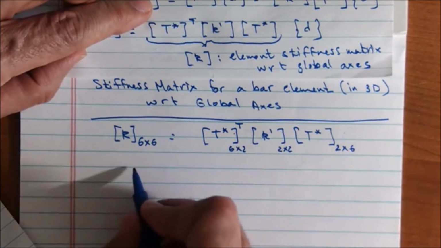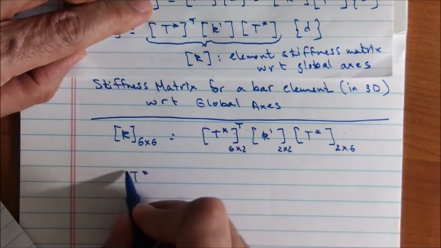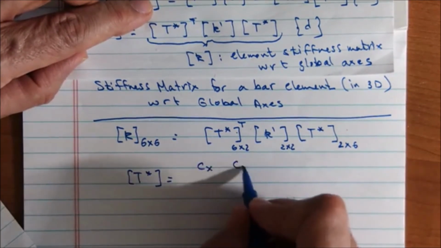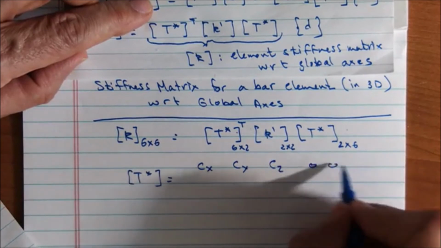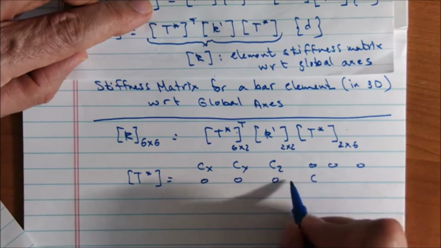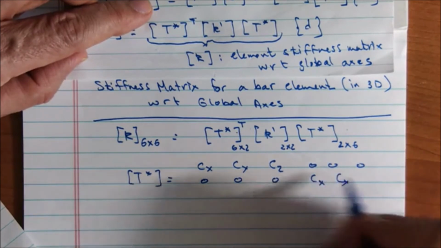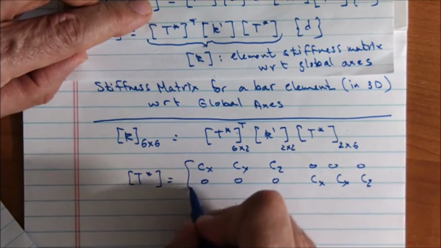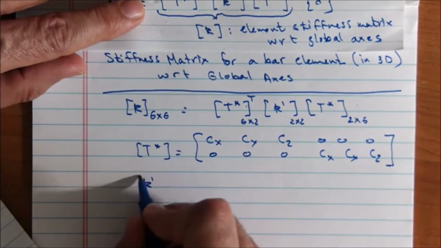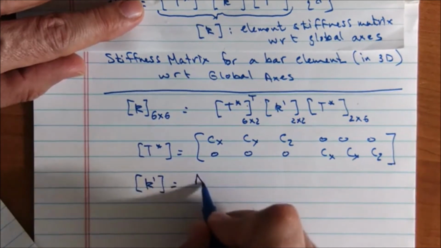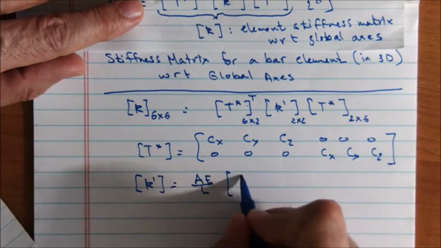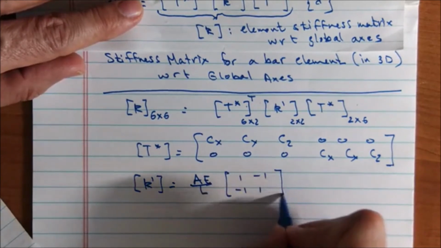Please recall that T star was equal to Cx, Cy, Cz, 0, 0, and 0, and on the second row, 0, 0, 0, and Cx, Cy, and Cz. So this is my T star matrix. K prime, the 2 by 2, was A E over L multiplied by 1, minus 1, minus 1, and 1.